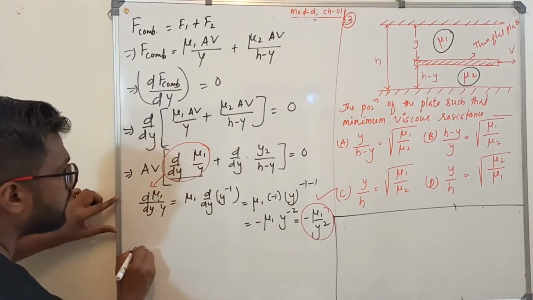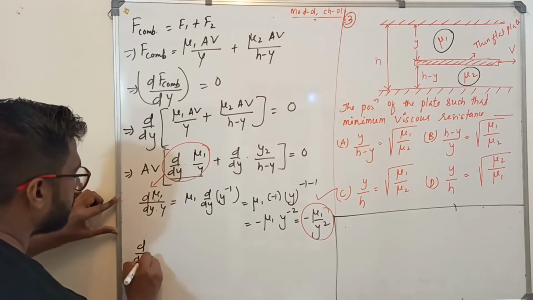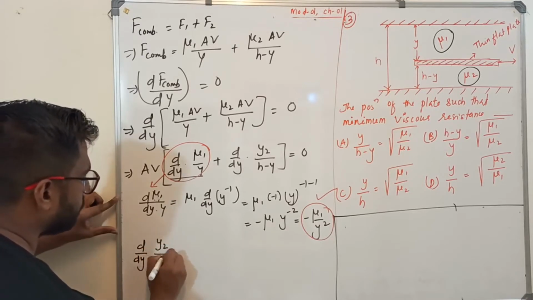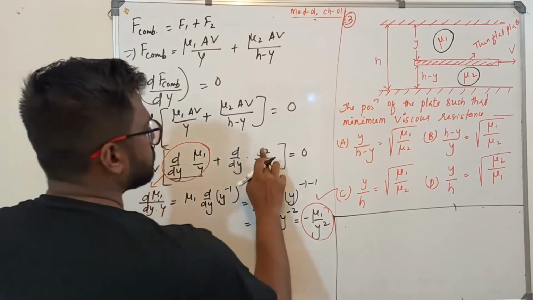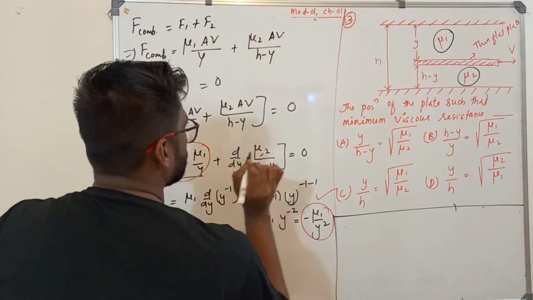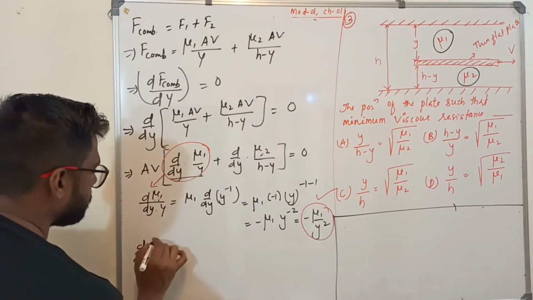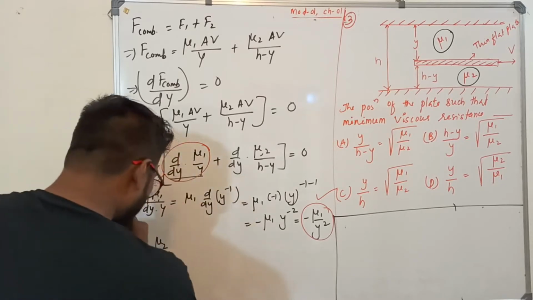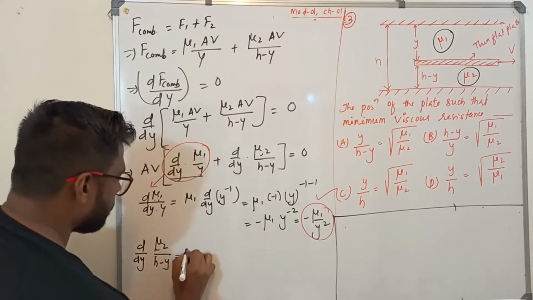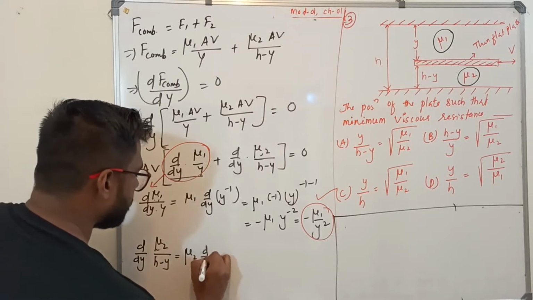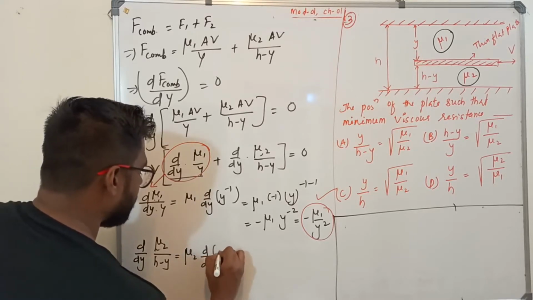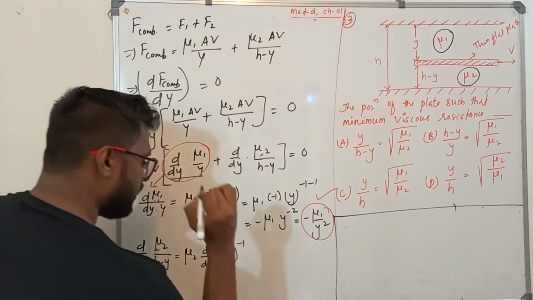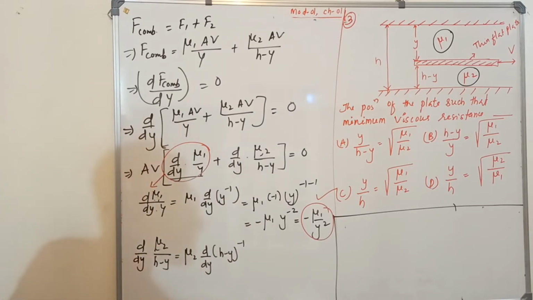Pay attention. d by dy of mu2 by h minus y. Now take this mu2 outside. If you take mu2 outside, what you got? d by dy of h minus y to the power minus 1.